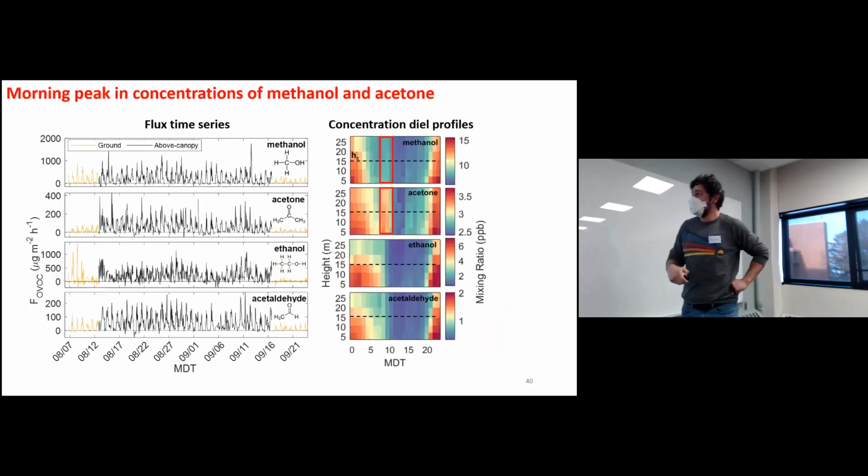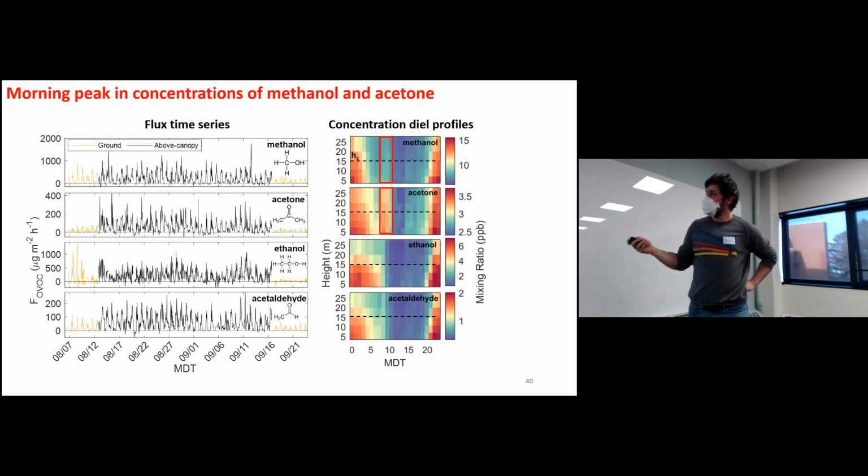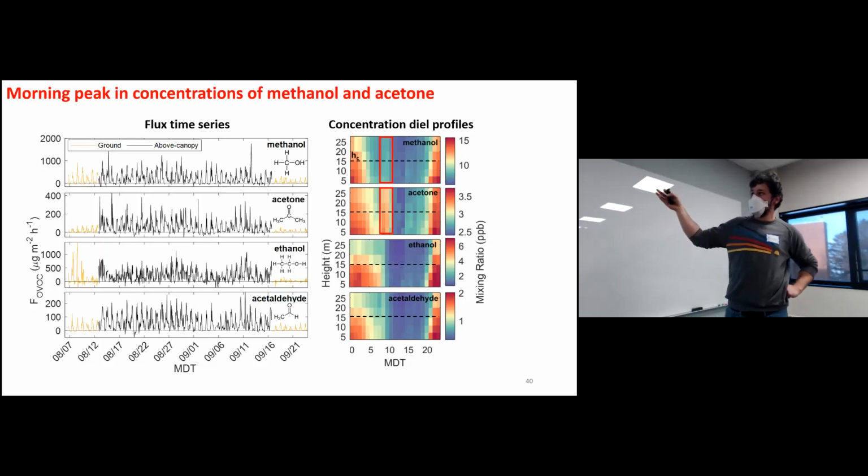Looking at these concentration profiles, you can see that they all have these unique profiles that will tell you something about the compound that we're going to delve into more, not in this talk, but they're just interesting. For methanol and acetone, we see this morning peak occur that was similar to the MBO that we saw.